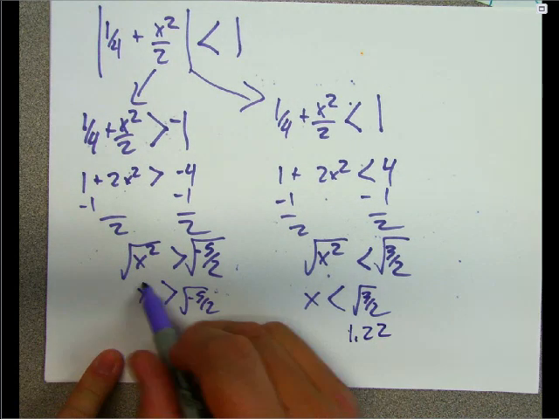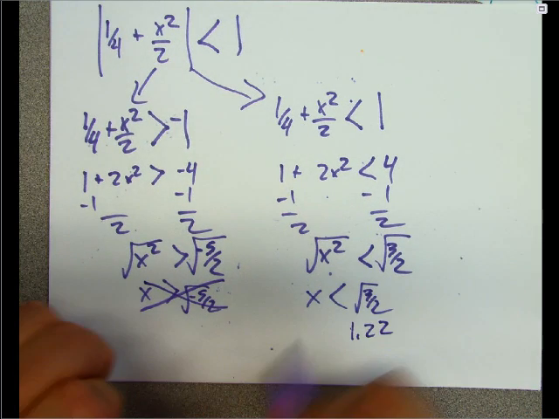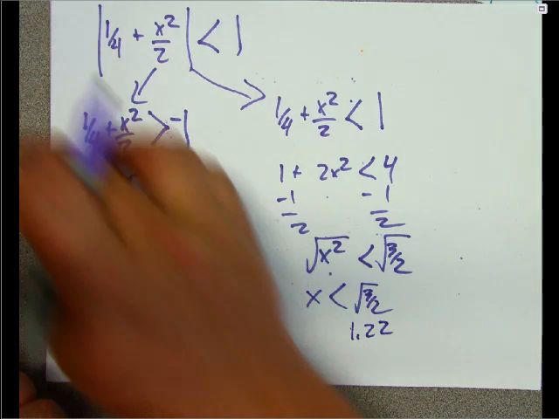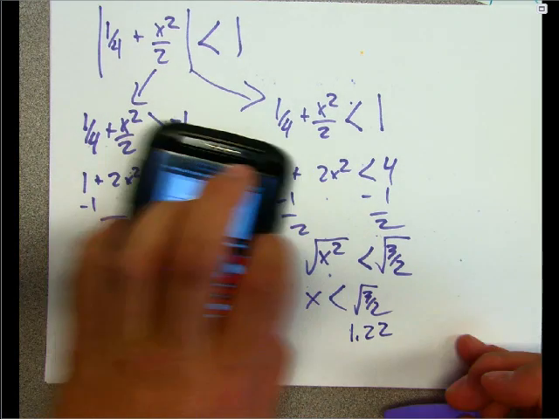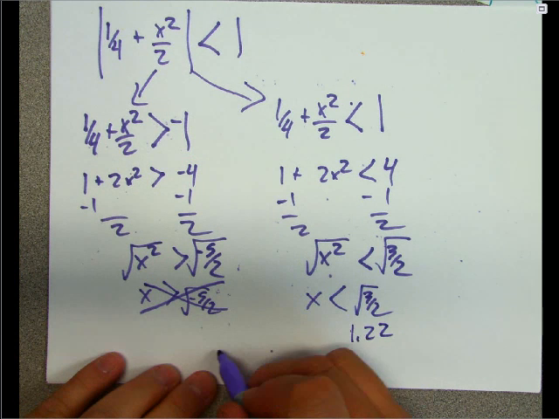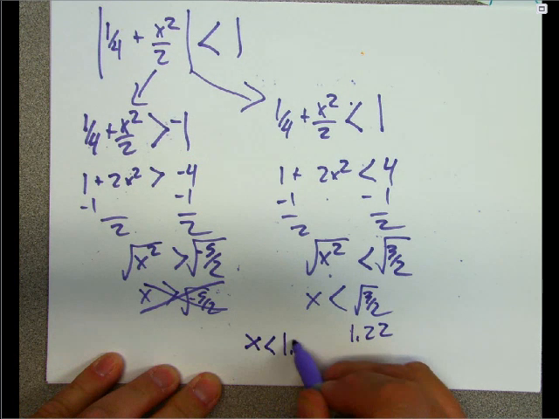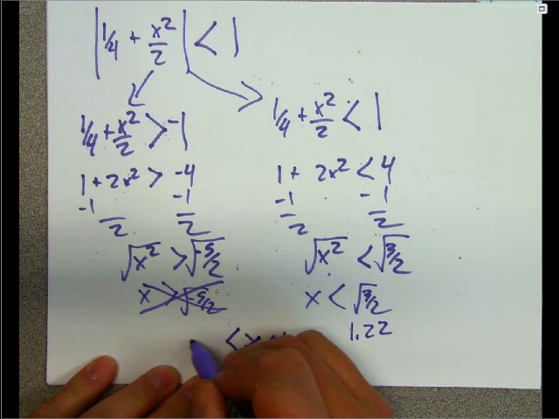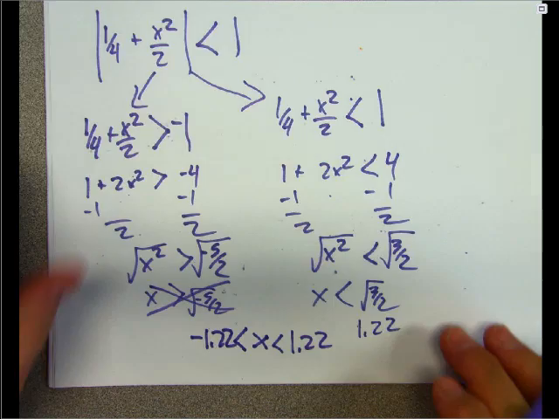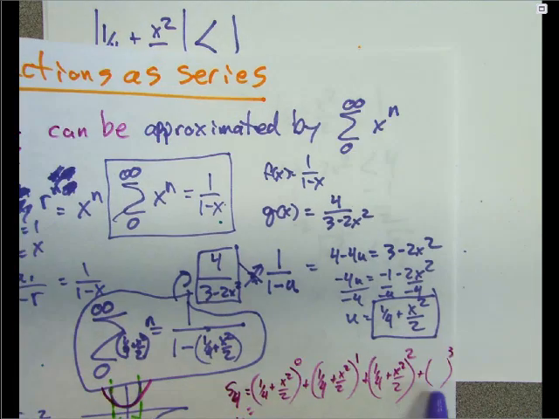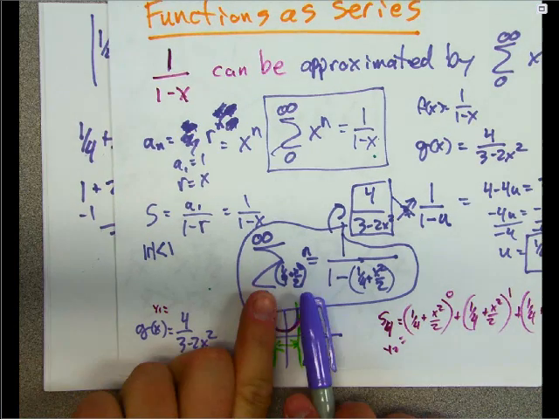Now, over here, I have a small problem because that's going to be imaginary. When we looked at our graph, we saw that it was clearly symmetric and balanced. So we would say the interval converges when x is less than 1.22, and we can safely say when it's greater than -1.22.